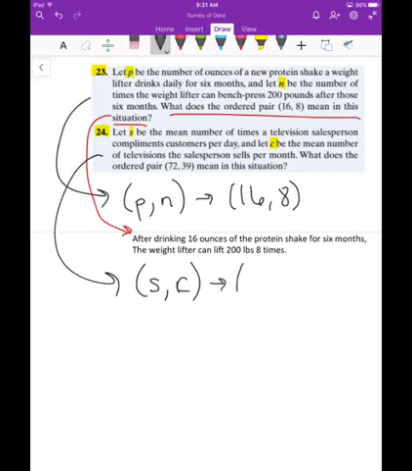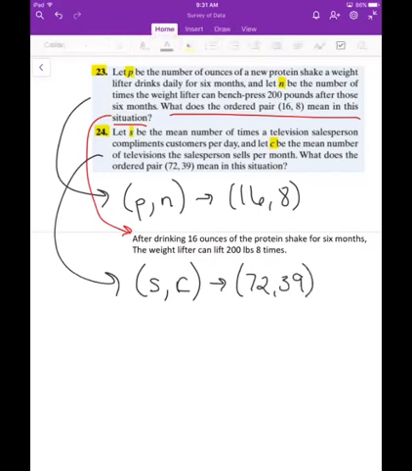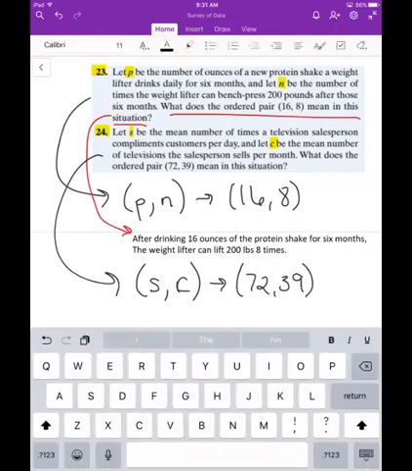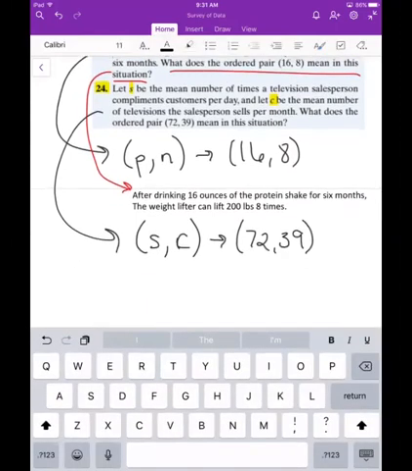So our ordered pair we have is 72, 39, and we want to put all those units back in when we describe what that ordered pair means in this situation. Okay, so 72 is the mean number of times a television salesperson compliments customers per day.